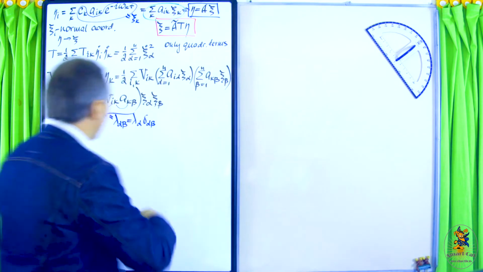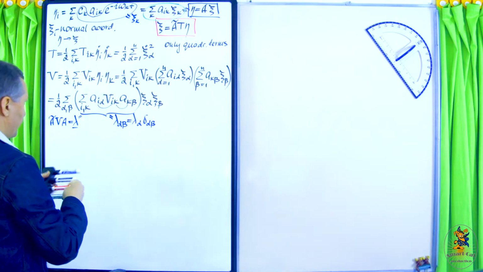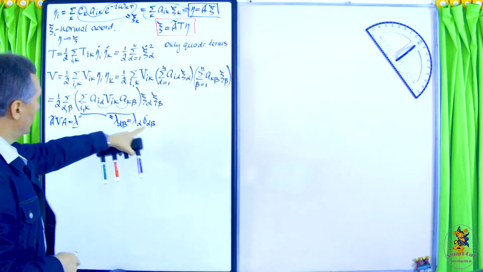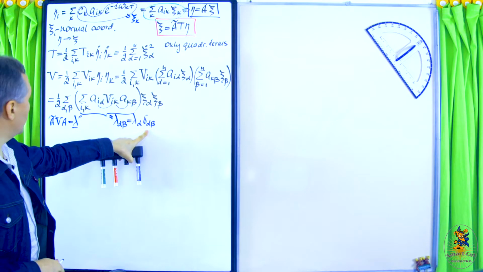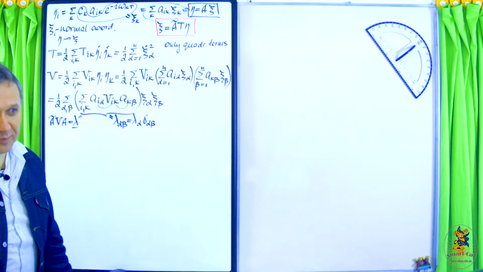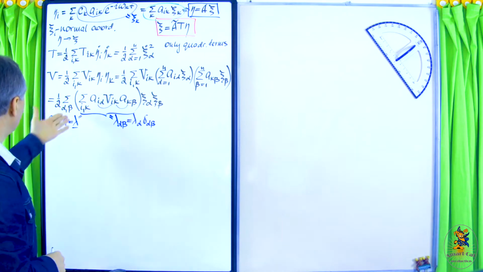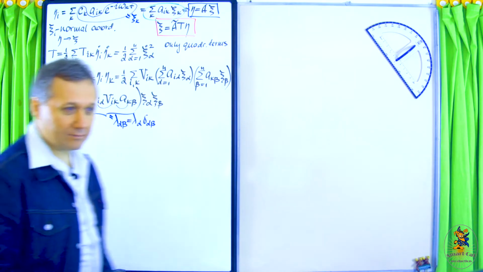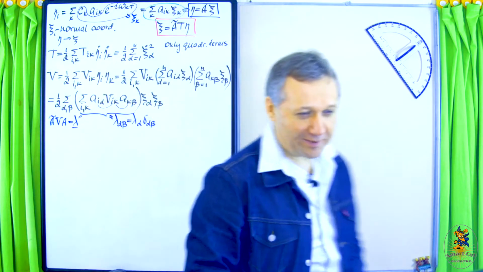Okay, so now let's use it over here. And this Kronecker symbol is going to kill one of these sums. It's better to get rid of beta, right? Let's keep alphas.